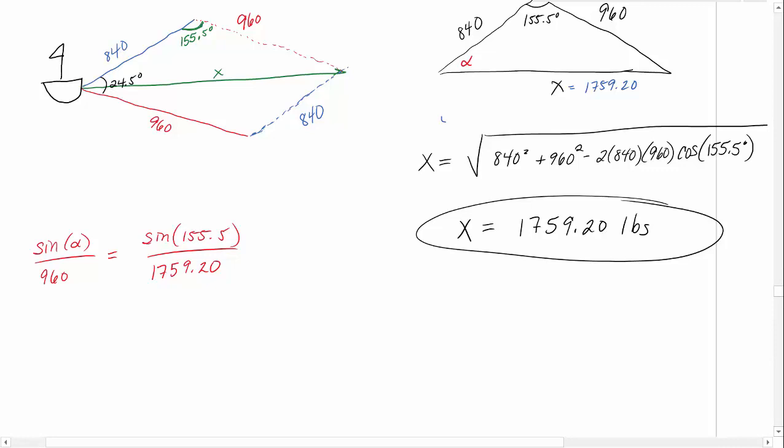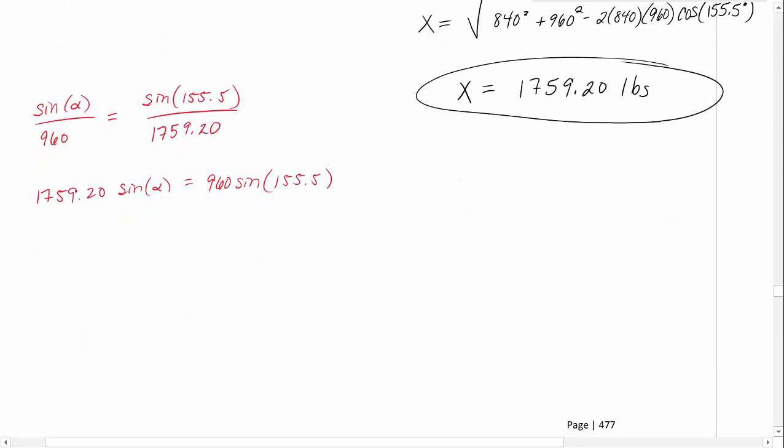We'll cross multiply. Divide by the 1759, so sine of alpha is going to be equal to 960 sine of 155.5 divided by 1,759.20.